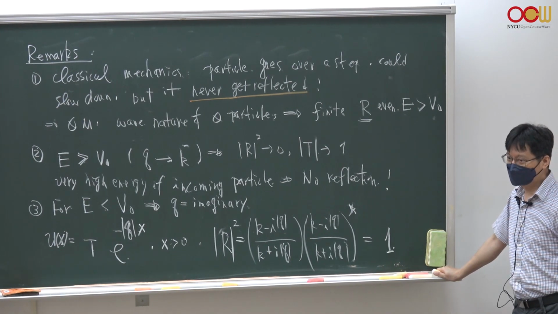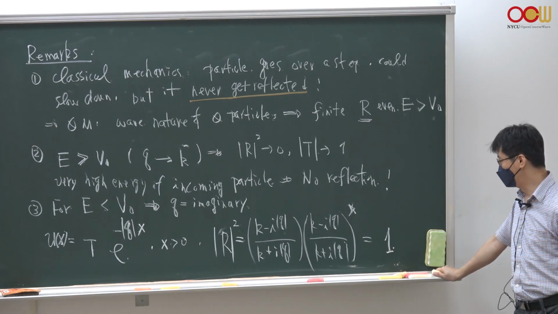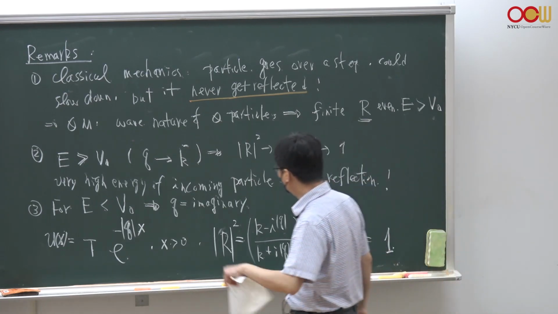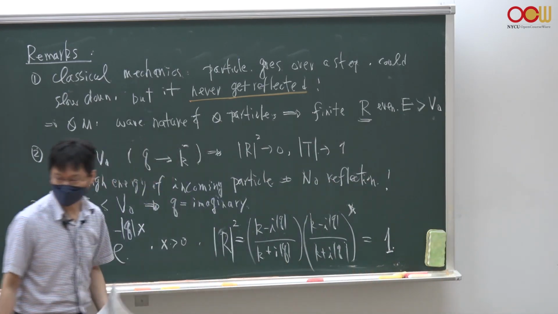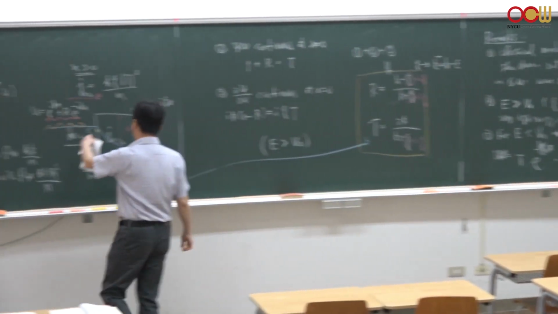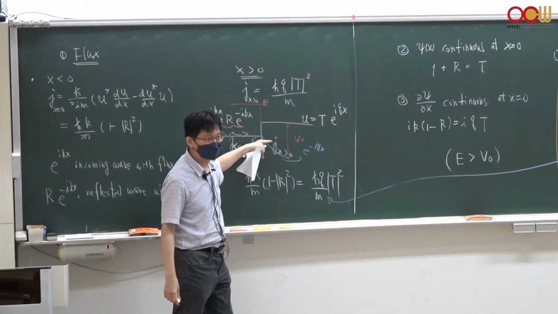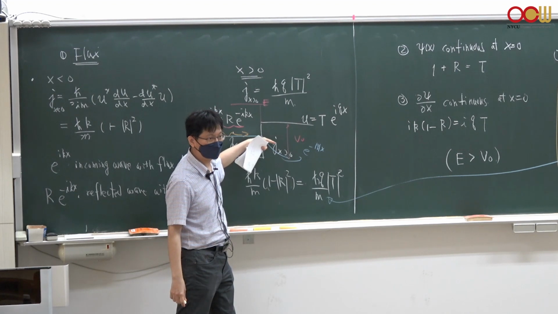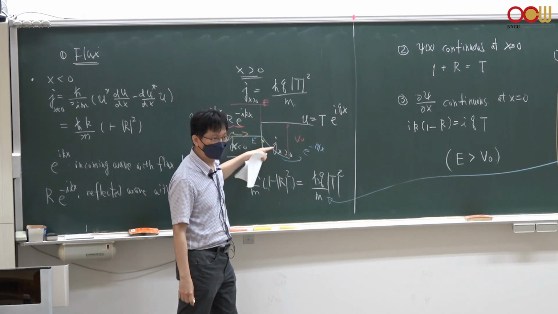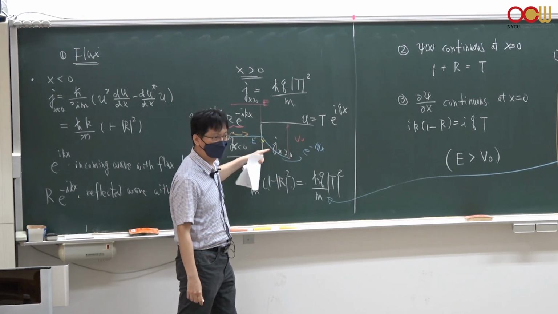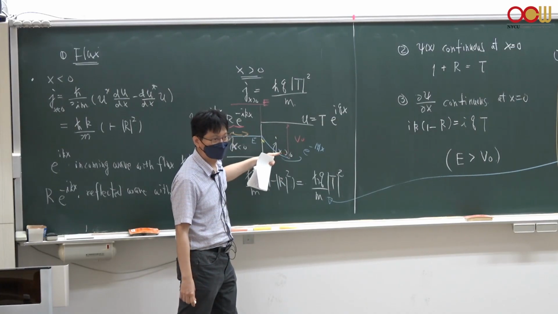Okay, so this is the start of the confusion. Because you know very well that something is going inside the step. Although it is an exponential decay function, something is actually transmitted inside the barrier, inside the step.